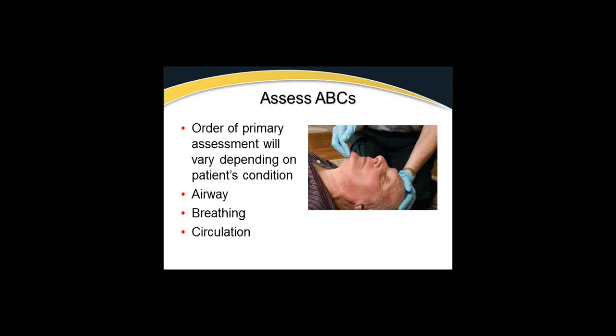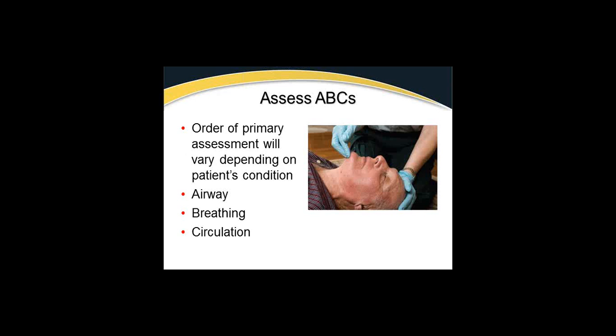And that really is based off of what you got from your scene size up. If you gathered that this is probably a trauma patient, maybe they've fallen, maybe they've been ejected from a car, and in some instances had some sort of a blunt or penetrating trauma near their head and neck or spine, you need to take C-spine precautions, and that includes, how are you going to open their airway?